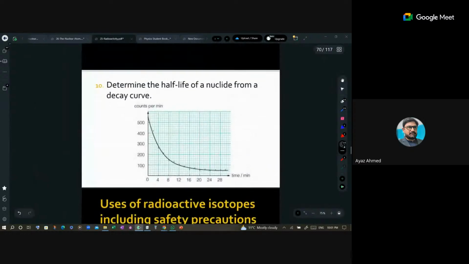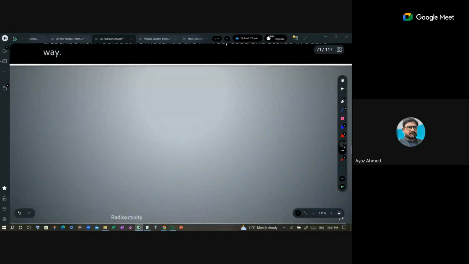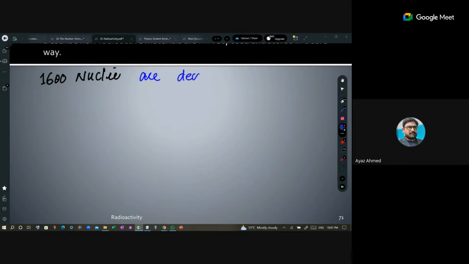Let's say, over here, if I say that you have 1600 nuclei, how many nuclei do you have? 1600 nuclei, and these nuclei are undecayed, right? They are undecayed nuclei.